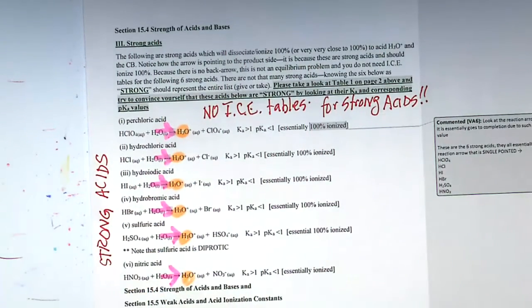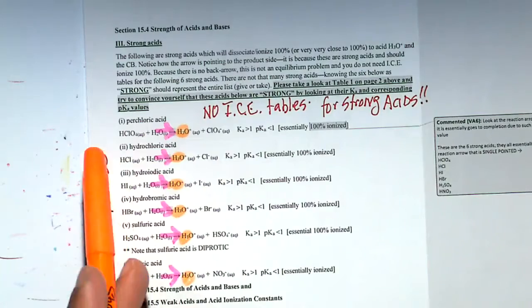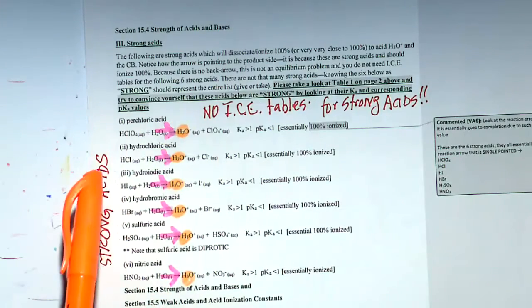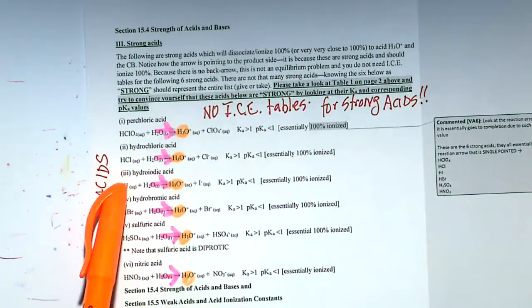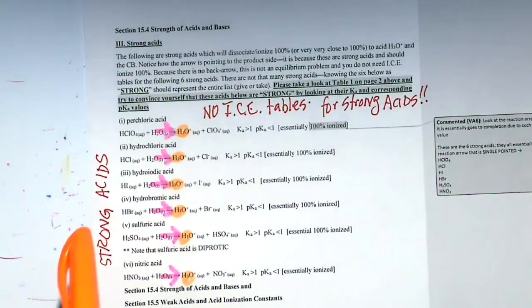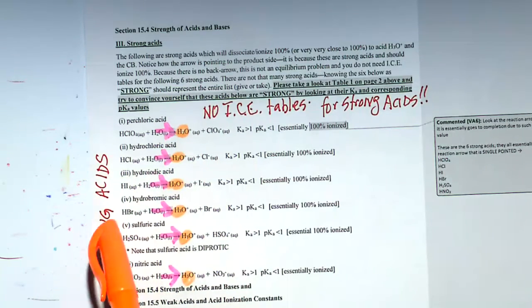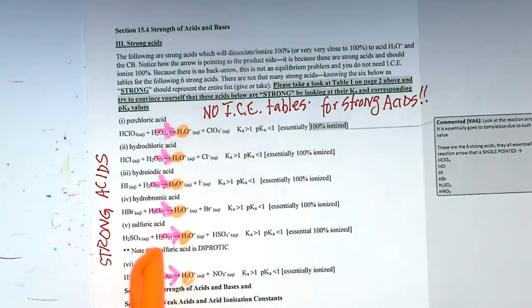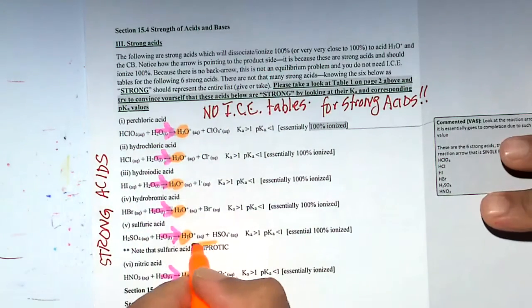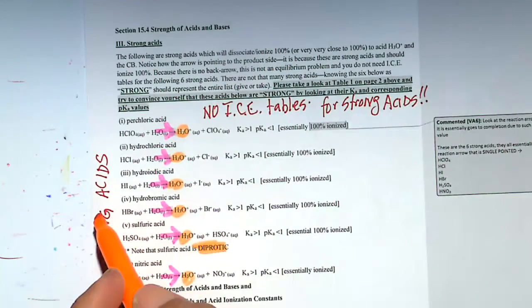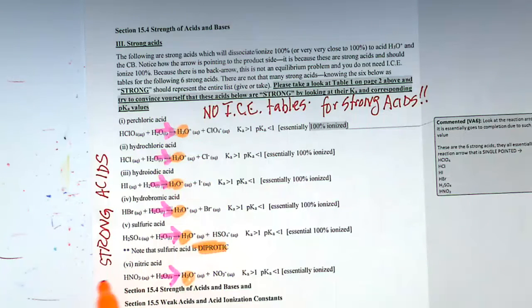So a very good source of H plus, close to 100%, are your 6 strong acids. Once again, they are perchloric acid, hydrochloric acid, hydroiodic acid, hydrobromic acid, HBr, sulfuric acid, the first proton. Remember, sulfuric acid is diprotic, 2 protons. The first proton is strong, and then nitric acid.